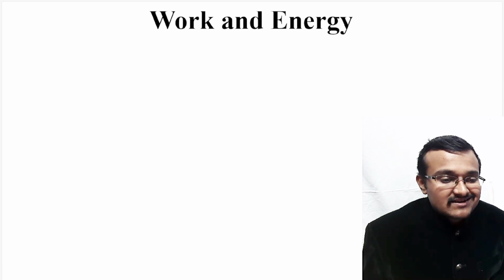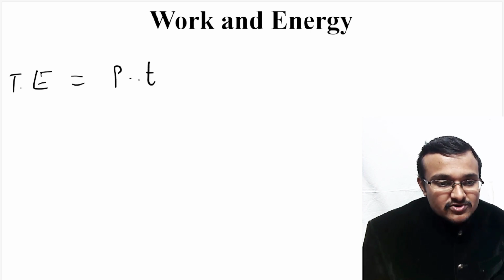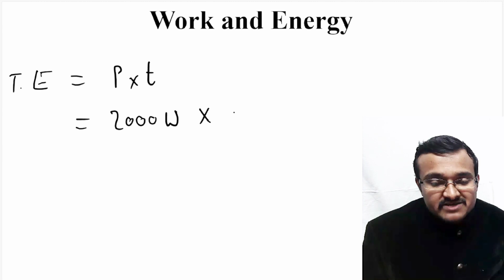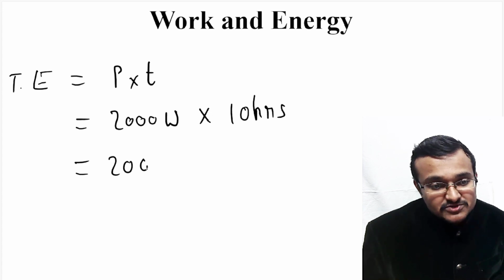Now you have to calculate the total energy spent by all 4 devices. The total energy is equal to power into time. Power is 2000 watt, considering all 4 devices, into time of 10 hours. In place of hours, I can write seconds by multiplying by 3600.